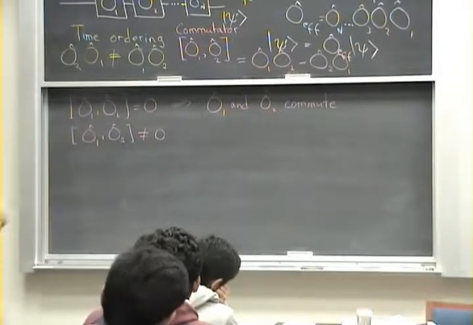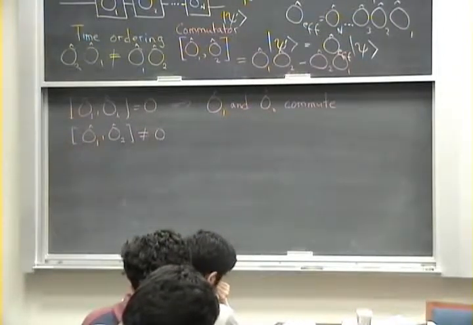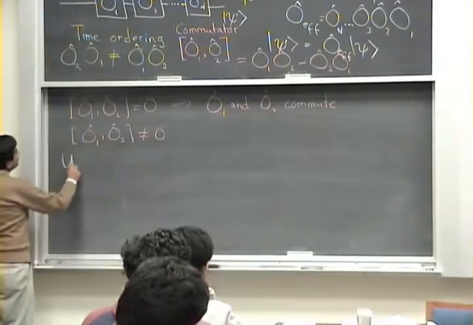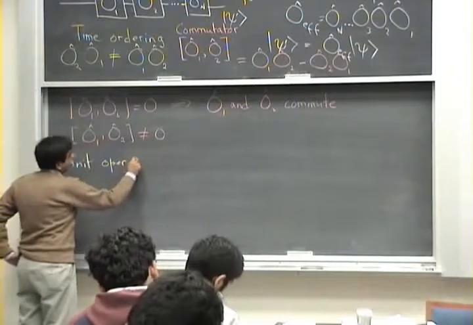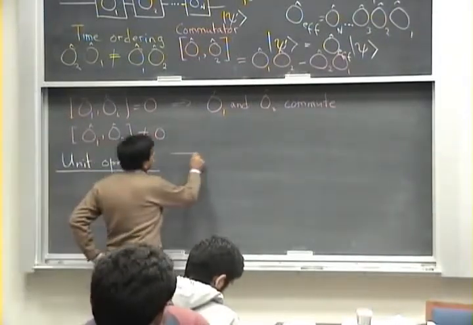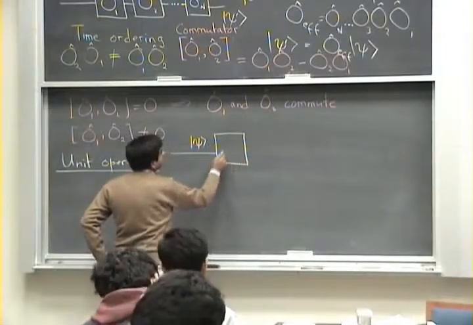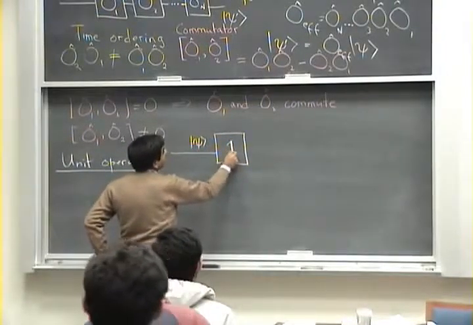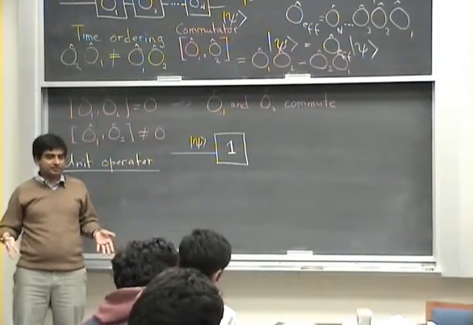Alright, let's talk about a few operators. Let's look at the unit operator. Suppose I have a state psi and the unit operator acts on it. The unit operator is represented by a bold 1.